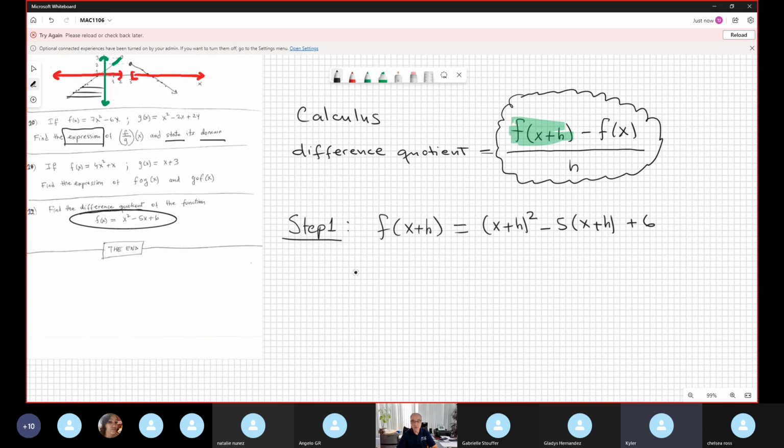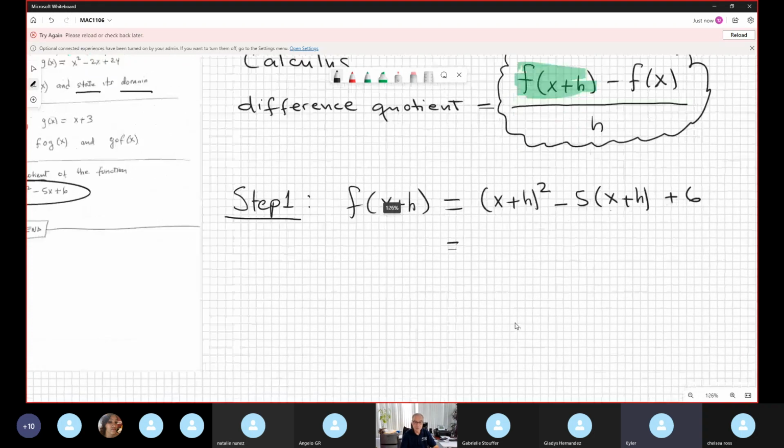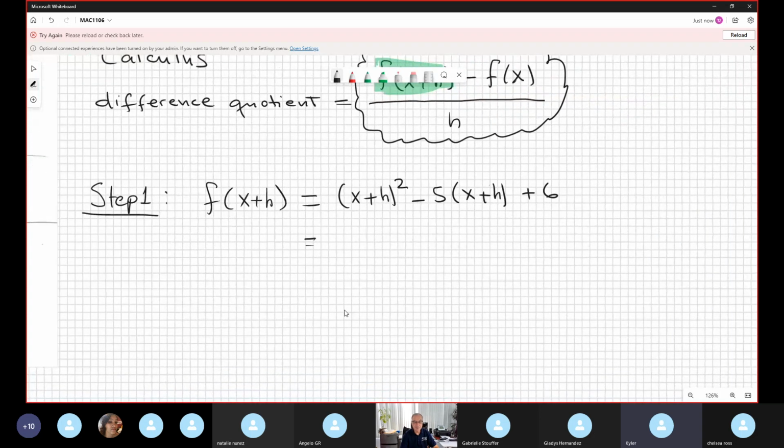You follow me? Leave it like that? No. No. Expand. Expand in an elegant way. You put x squared plus 2xh plus h squared. Distribute it now. 5x minus 5h plus 6. Cool. I finished the first part.